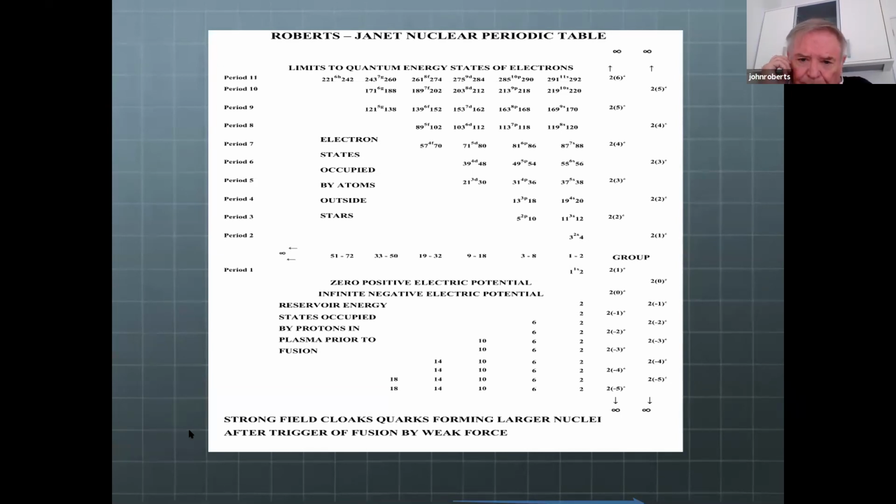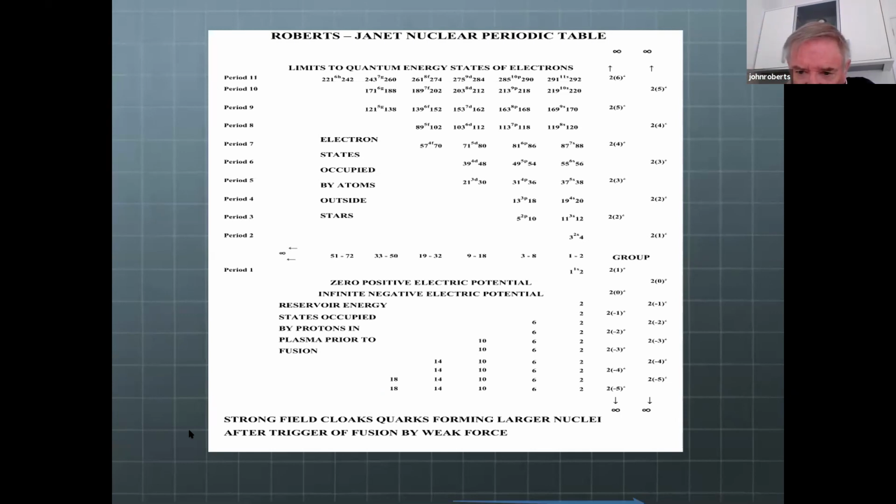Now, the other way is that you can extend the number of states if you choose negative states, that is negative n values, where in this case the electric field is repulsive.